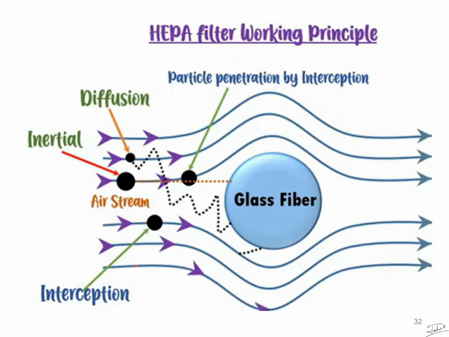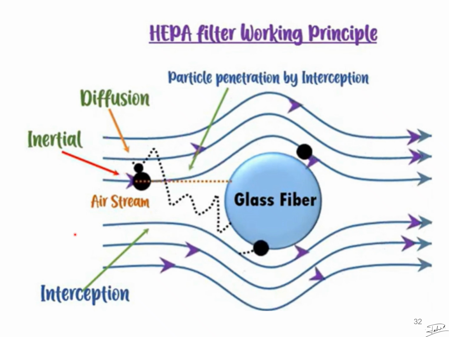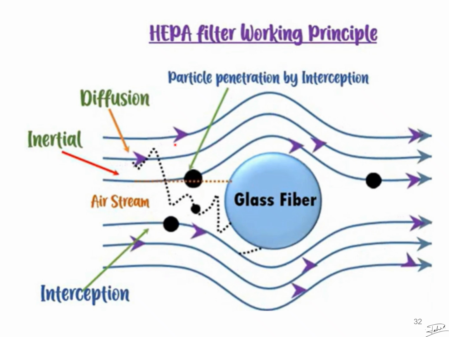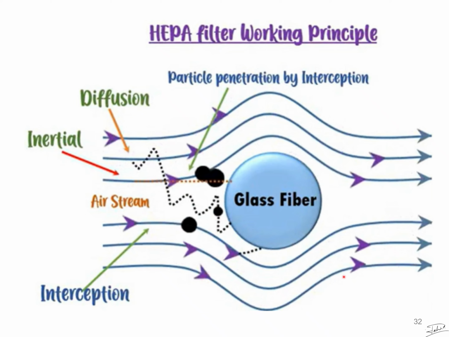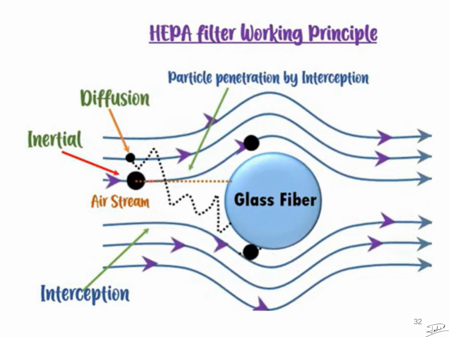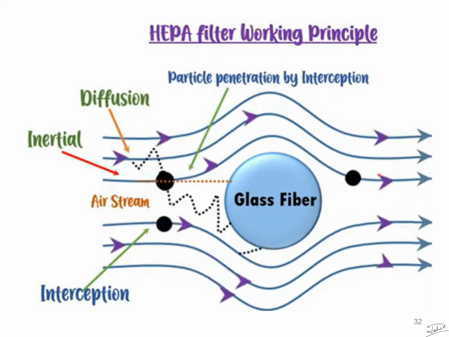So let's see a video here. Watch this very carefully. We can see how air is filtered. The blue one is the airflow pattern. Okay, this is the airflow. These are the particles. We can see the larger particles cannot move outside there.